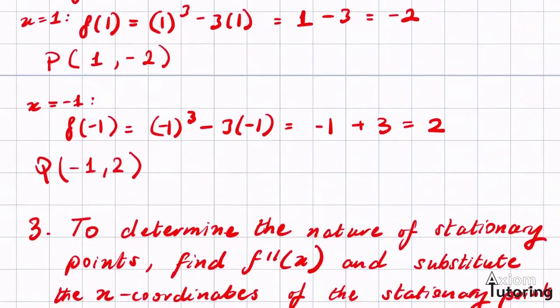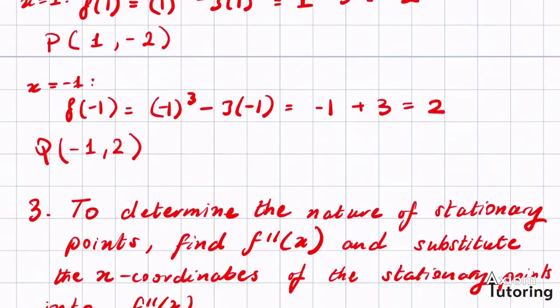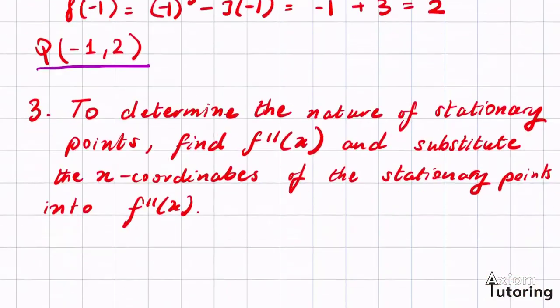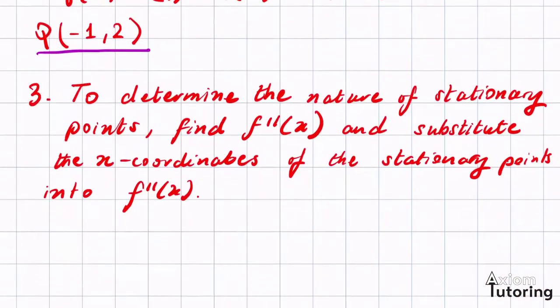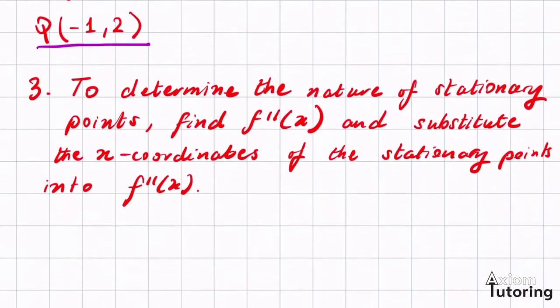So now that we have our two stationary points, we want to determine the nature of these stationary points. We will do that by finding the second derivative, f double dash of x, and then substituting the x-coordinates of our stationary points.